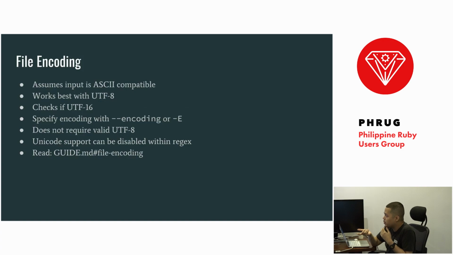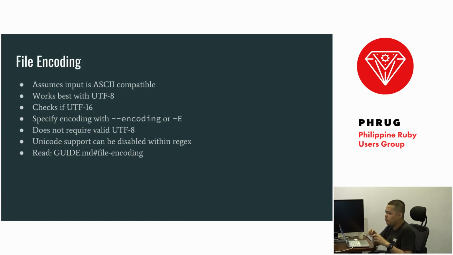And ripgrep works best with UTF-8, and it actually has a feature where it checks if the file is in UTF-16, and if it is, it converts the entire file to UTF-8 before it finally executes the search on that file, since it works best in UTF-8. So it converts UTF-16 to UTF-8 automatically. And if you have a custom encoding, you can pass --encoding to ripgrep, and it actually doesn't require UTF-8.